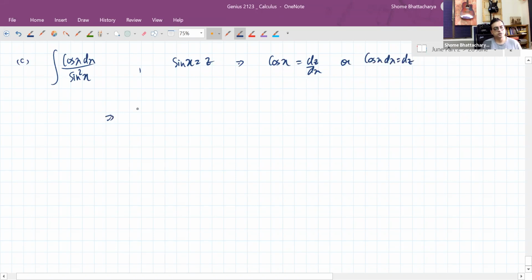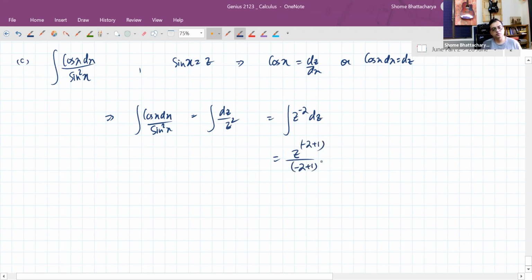Okay, so the integration becomes, the numerator simply becomes dz and the denominator simply becomes z square. Okay, so we use the formula. So this is correct, but you can also reduce it to minus cosec x plus c.